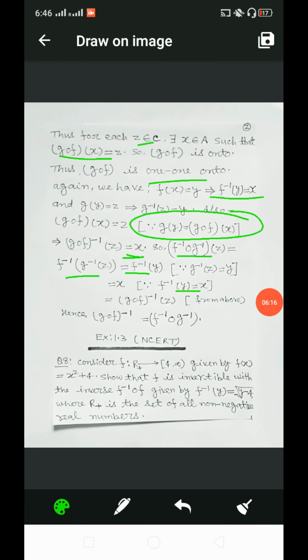Now let us find the solution of some questions of exercise 1.3 from NCERT. Question number 8.